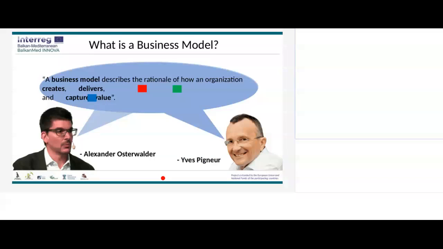Then in 2015 it turned into a book called Business Model Generation, which goes deep into the business model canvas and includes many case studies and the different kinds of business models that companies can have. Basically, a business model describes the rationale of how an organization creates value, delivers value, and captures value.